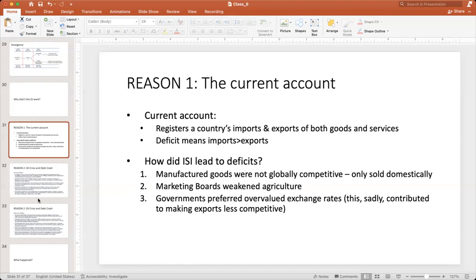The second reason is that the market in the end weakened the agricultural sector, and firms in the agricultural sector started to believe that they didn't want to produce and to be productive, because if all the benefits are in the manufacturing sector because they are protected, you decide to not produce more in the agricultural sector.